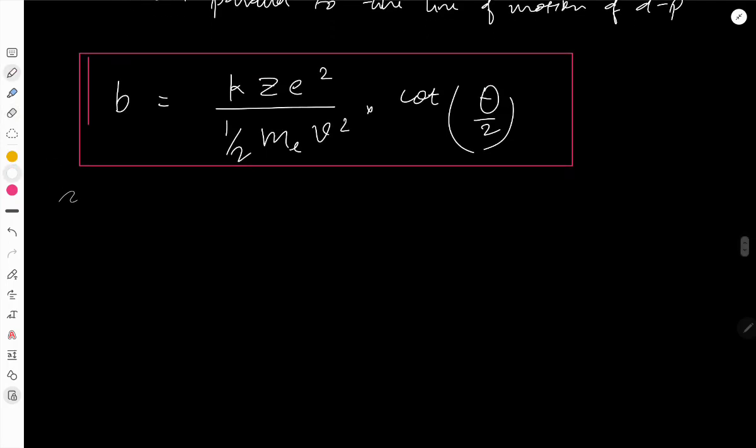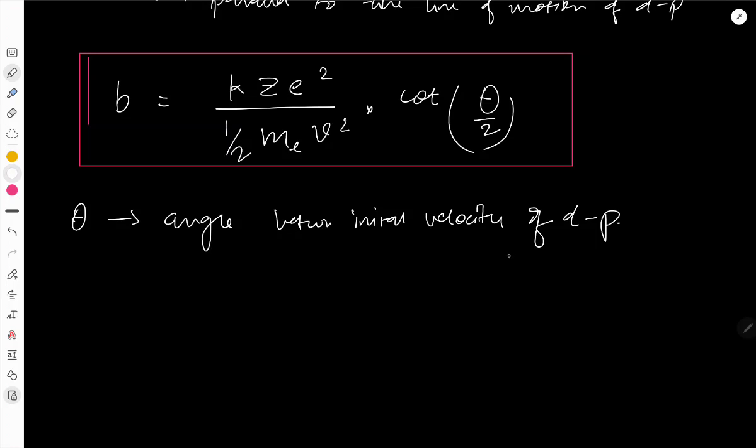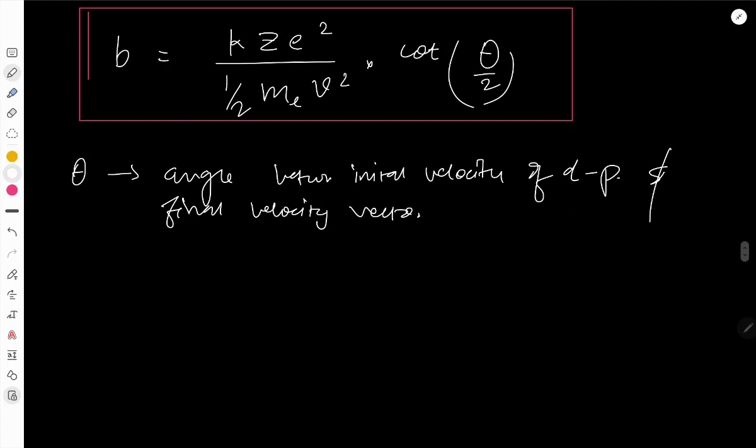So theta here is the angle between the initial velocity of the alpha particle and the final velocity vector, and this is also called the scattering angle.